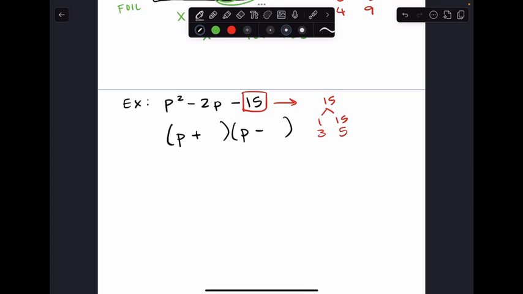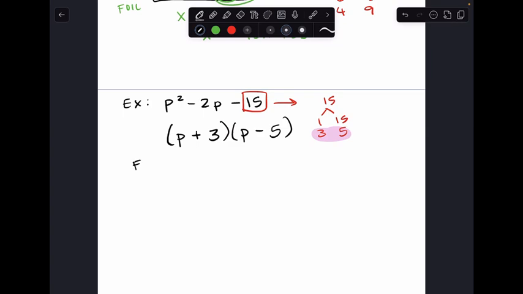And so you have to decide, well, I know that 5 minus 3 gives me a 2, but we have a negative 2 in the middle. So if I were to do 3 minus 5, that would work and give me a negative 2. So my 3 has to be positive, and my 5 has to be negative.